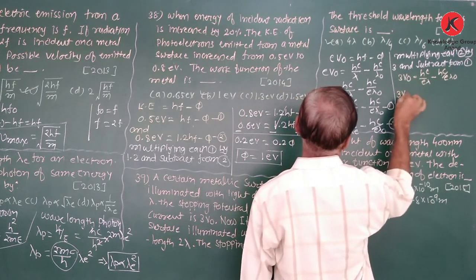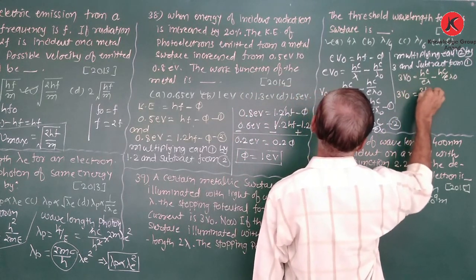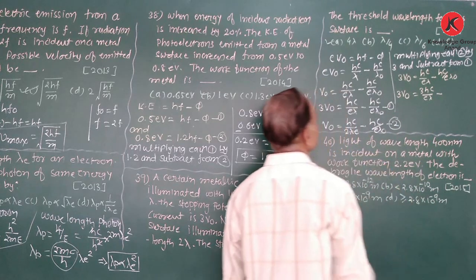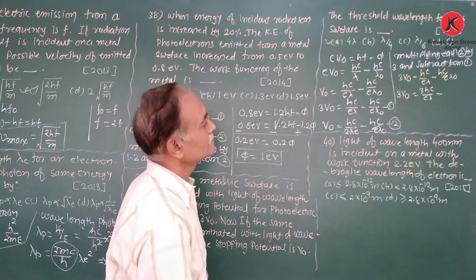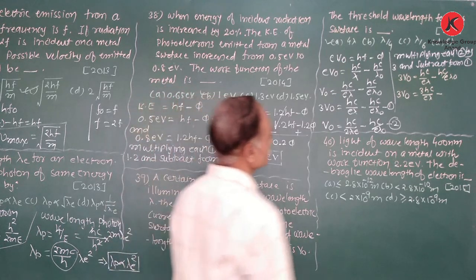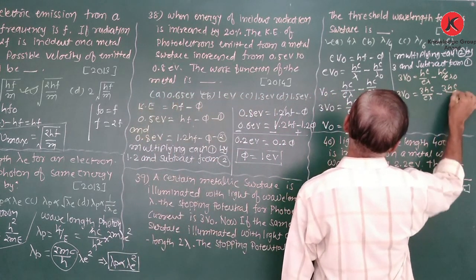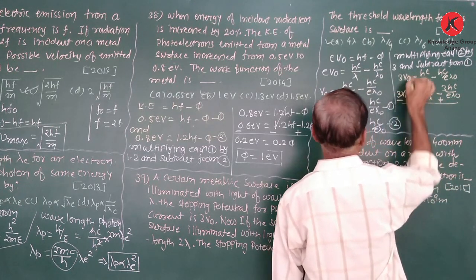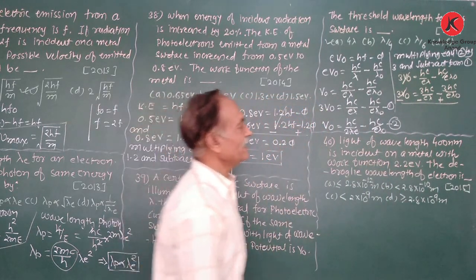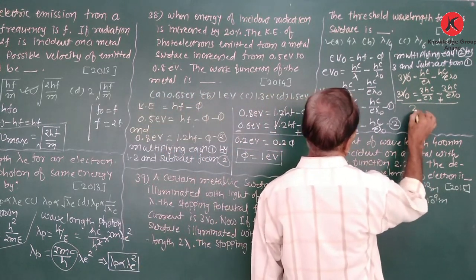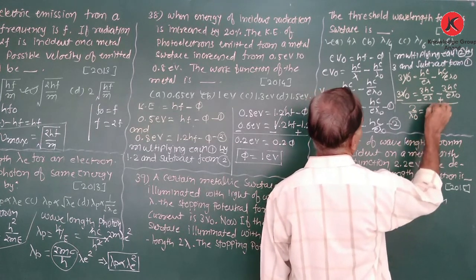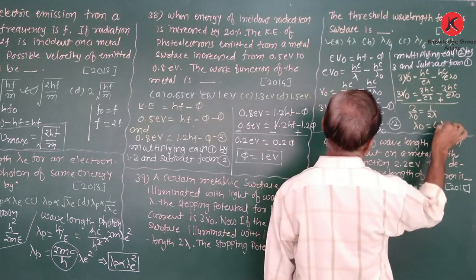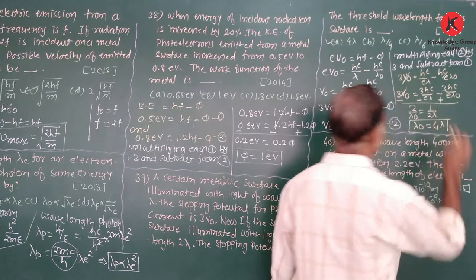Therefore, 3V0 is equal to 3hc upon 2e lambda minus 3hc upon e lambda 0. There is minus, minus, there is plus. So it cancels, and as we simplify we obtain 2 upon lambda 0 is equal to 1 upon 2 lambda. Therefore, lambda 0 is equal to 4 lambda. That is the value of threshold wavelength.